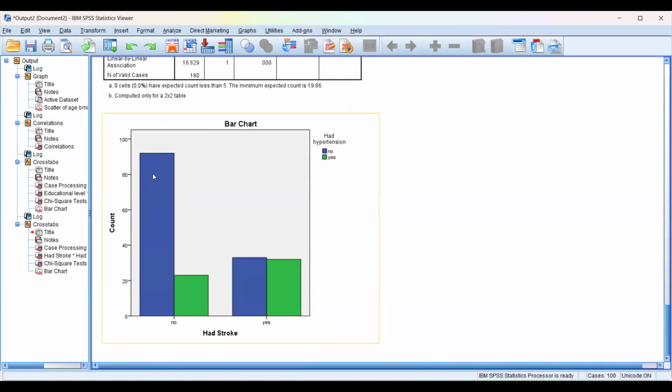This is those who don't have hypertension, and this is those who have hypertension; no stroke here, had stroke here. So you can see the relationship. It's like stroke and hypertension are twins. They are very close. The tendency of having hypertension is very close to having stroke. That is for chi-square. Let me look at our next sample question.